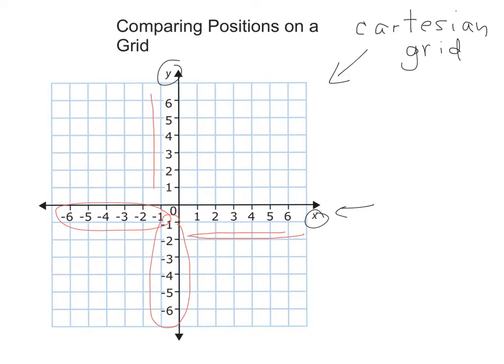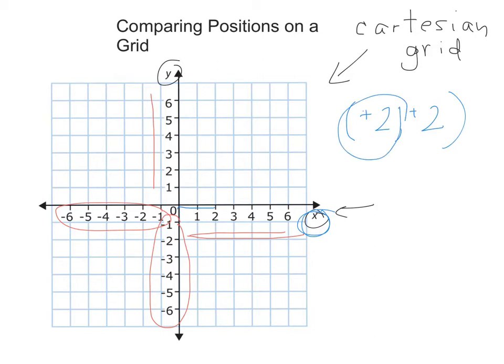A coordinate, just to remind you, is something that looks like this, made up of two integers. If we wanted to plot the point (2, 2), positive 2, positive 2, we always go along the x-axis first, and then we go up the y. So I would go along on the x-axis on my number line to the 2, because that's my first coordinate.